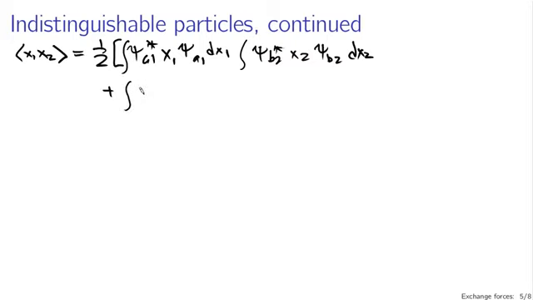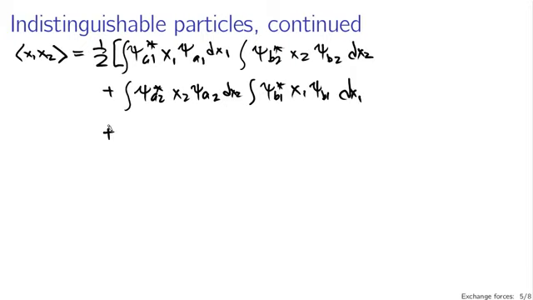Our second term is the integral of psi a2 star x2 psi a2 dx2. Second term for that, dependent on x1, is psi b1 star x1 psi b1 dx1. And then our cross terms, which we considered second in the previous slide, is plus or minus.